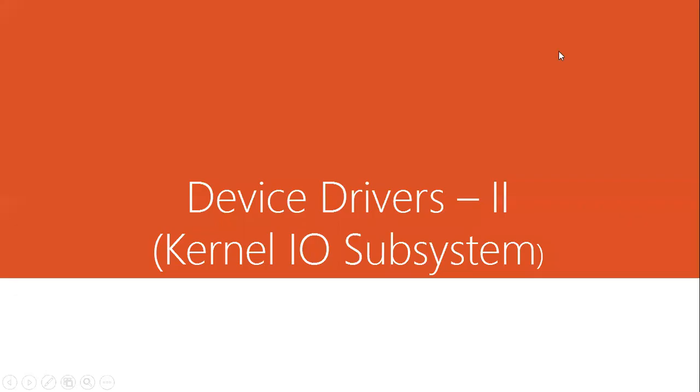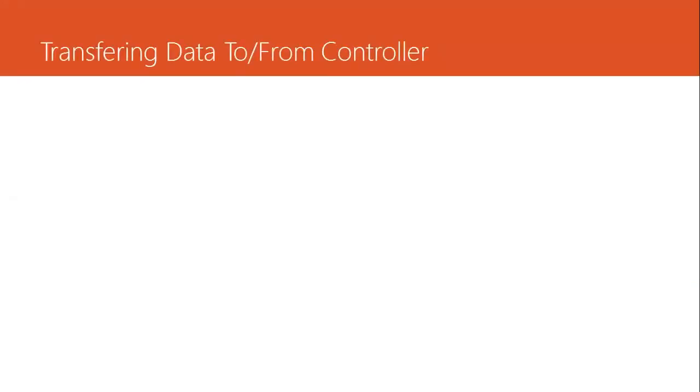After understanding the concept of standard interfaces and how devices work, now let us look into how we get data to and from these devices. So we have been talking about the simple idea of load store to the device and getting the blocks of information in and out of the device.